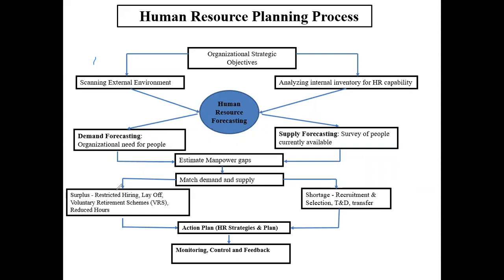Another option that can also be used to manage human resource surplus is reducing the number of hours that the employees previously worked. This means that you have to sit down with them as management and discuss the options available, such as either laying some off or presenting another option: you can maintain all of them, but the number of hours they were previously working, which was also reflected in how much they were paid, is now going to be rationalized.